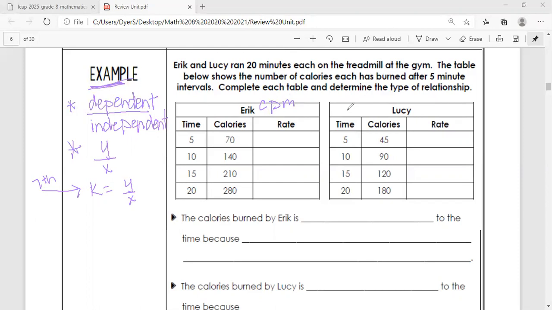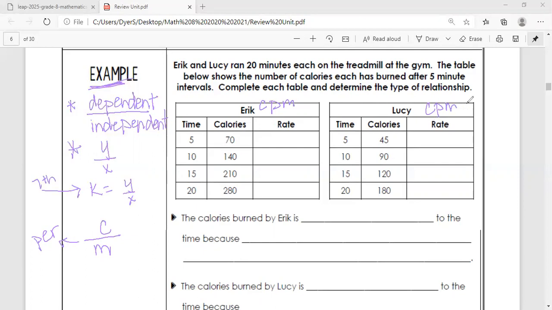That means calories, remember, let's do it over here. Calories is our dependent, our minutes are independent. Calories per, and if you recall, we said that fraction bar is the word per, calories per minute. That's going to be for both of them, okay?